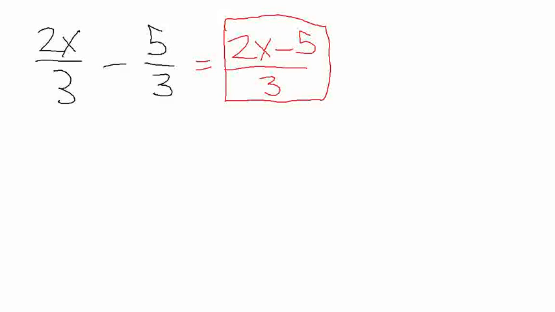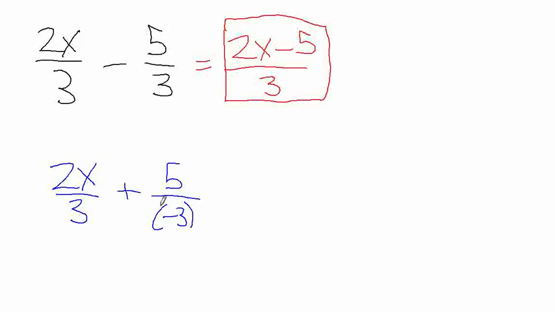Now, what if I would have asked the question this way? What if I would have asked you to do 2x over 3 plus 5 over minus 3? Now, I think you would agree that the denominators are not the same for both pieces.